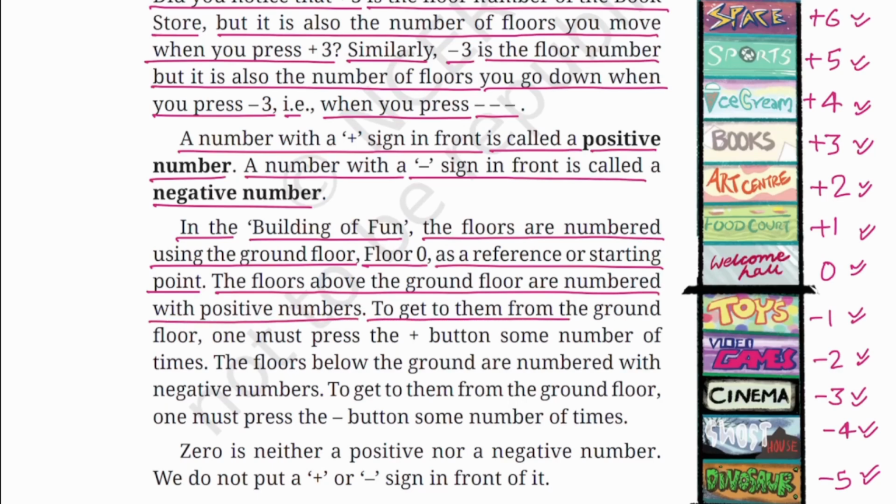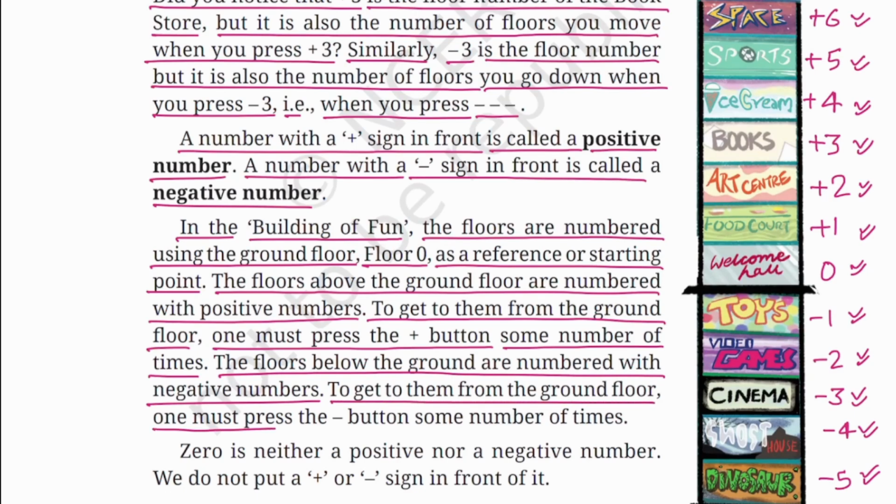To get to them from the ground floor, one must press the plus button some number of times. The floors below the ground are numbered with negative numbers. To get to them from the ground floor, one must press the minus button some number of times. 0 is neither a positive nor a negative number. We do not put a plus or minus sign in front of it.